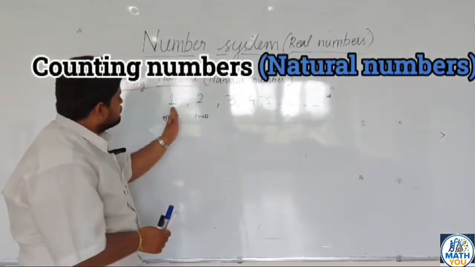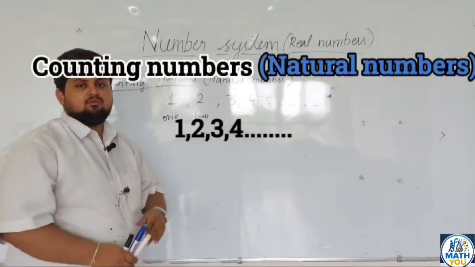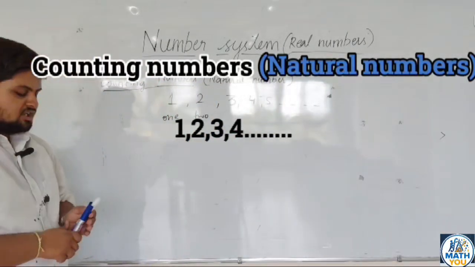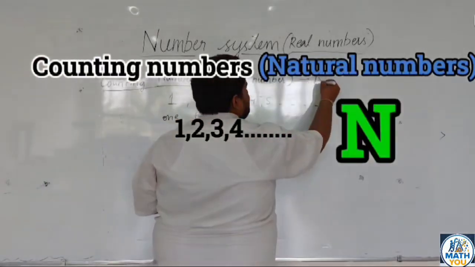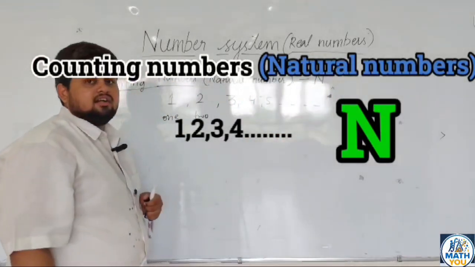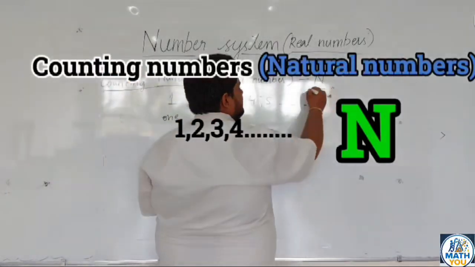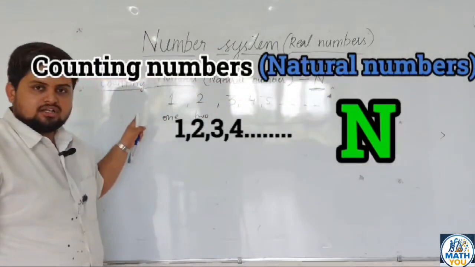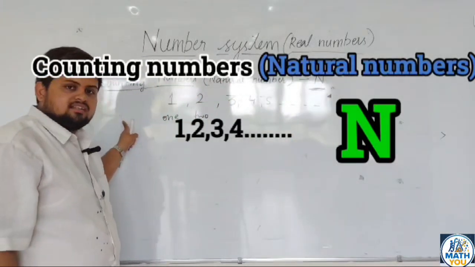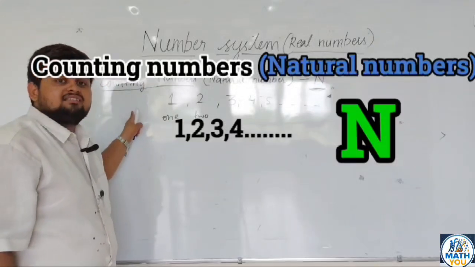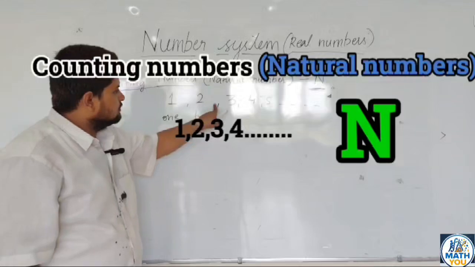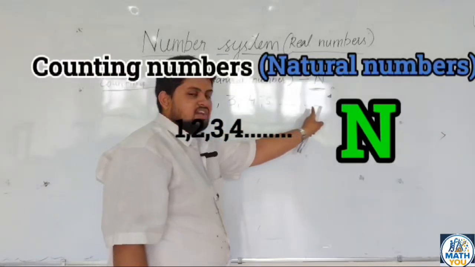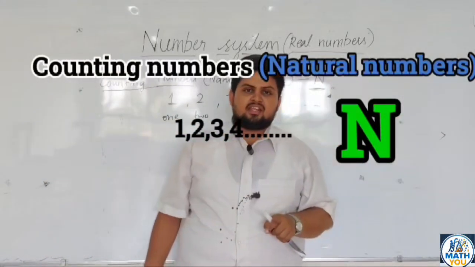So these numbers 1, 2, 3, 4, 5 were called natural numbers and were denoted by the capital letter N. They start from 1, 2, 3, 4 and so on up to infinity.